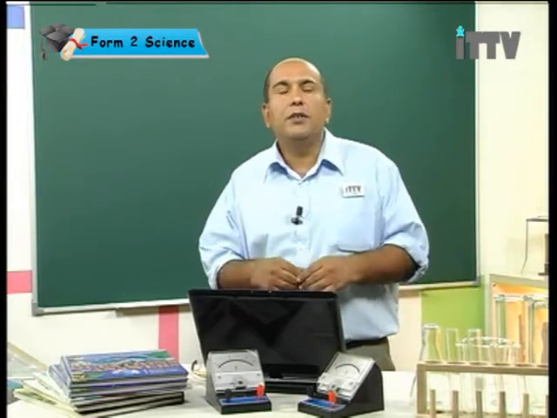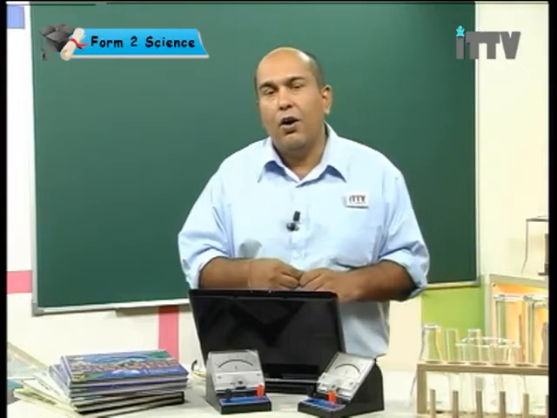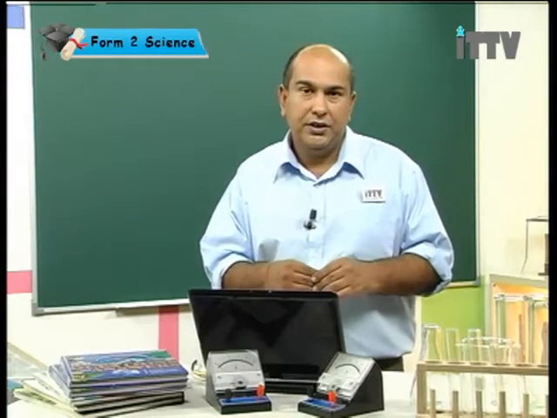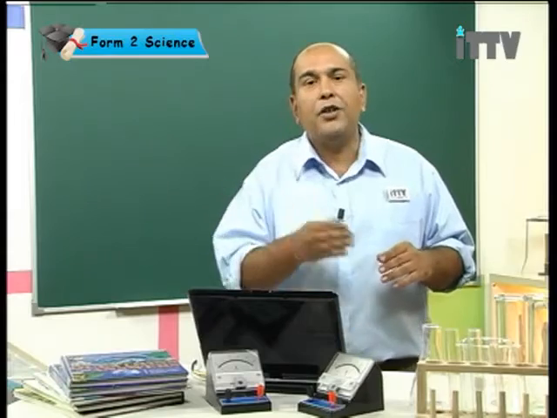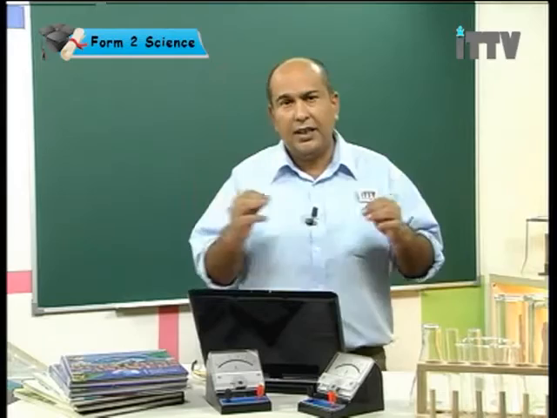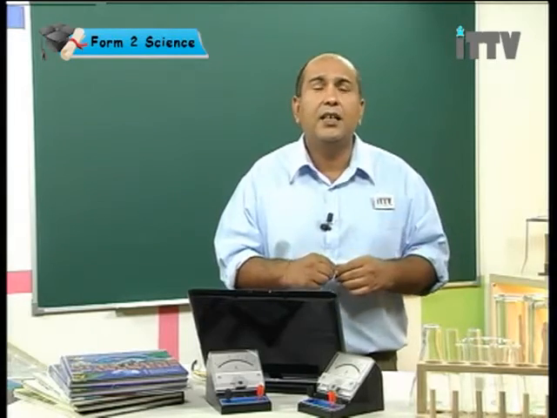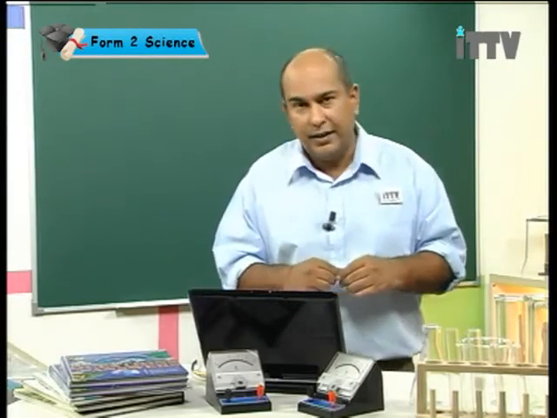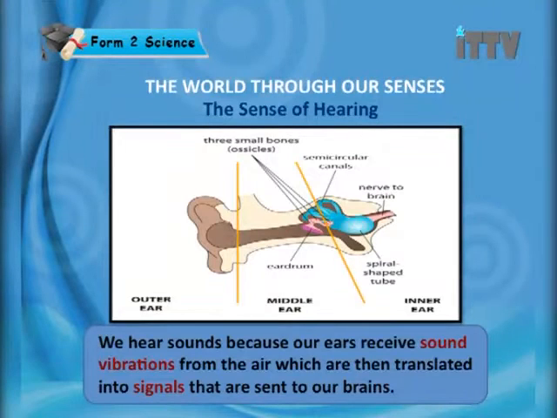Now, sound, which we are going to look at a bit later on, is made by vibrations. These vibrations are going to enter into the ear and they are going to be detected by particular types of receptor cells that we have inside the ear. We hear sounds because our ears receive sound vibrations from the air, which are then translated into signals that are sent to our brain.